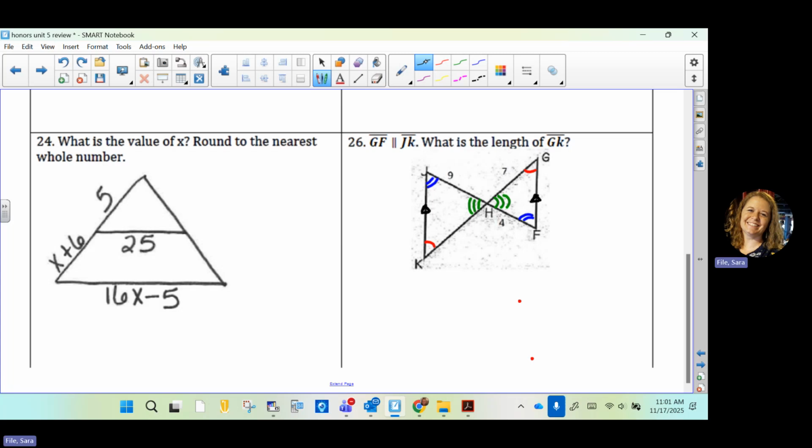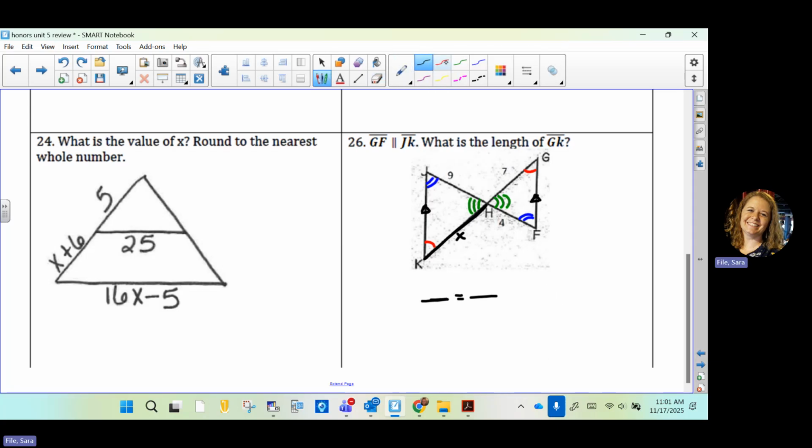So that is this total length. So I need to find this partial length from H to K right here, and then once I know that, I can get GK by adding the 7, right? So I need to look at what corresponds to what to set up my proportion, my ratios.